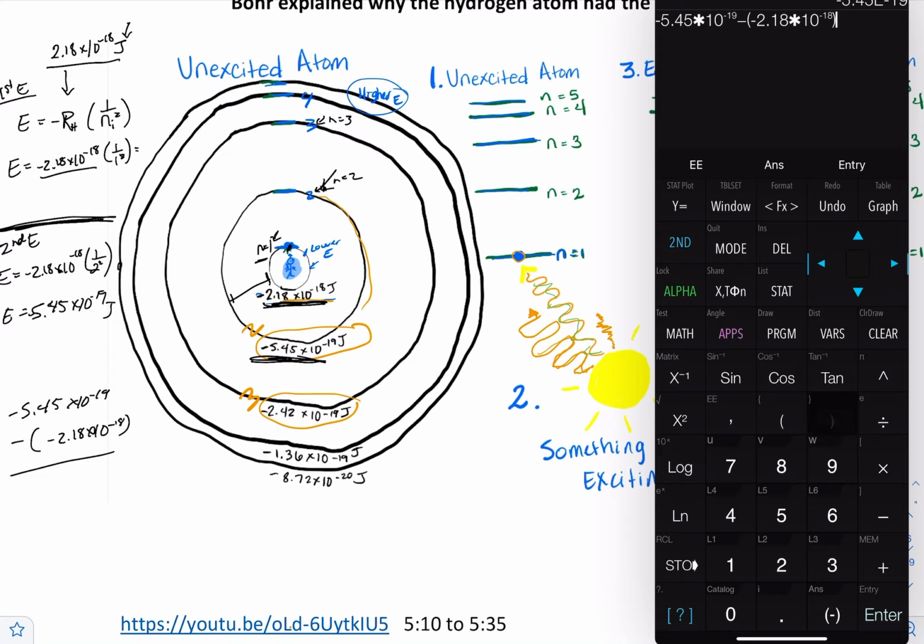We're going to close that off, and then we get 1.635 times 10 to the negative 18th joules. So that's the energy that the electron would have to release as it was basically jumping between those two positions, this and this.